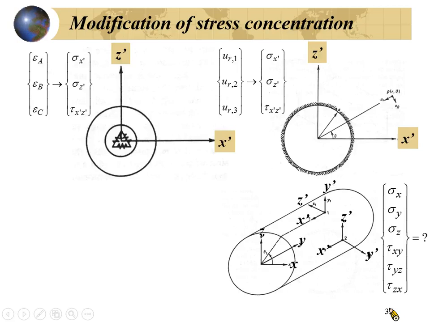So, how to derive this from this? How to derive this from the measurement, either for this or for this. Okay? For this example, you will have a measurement of these three components here and here, and I will try to get this.